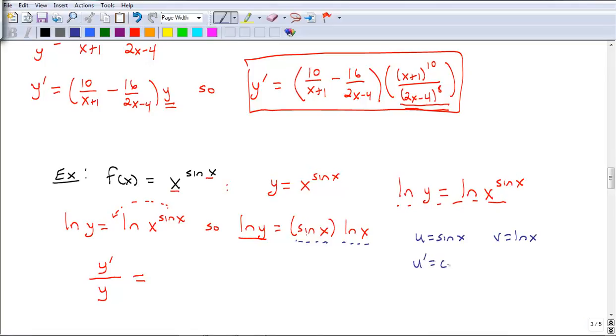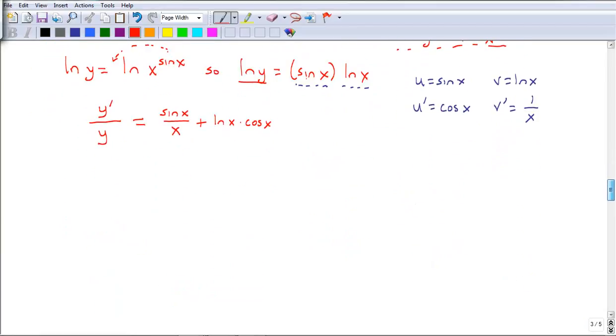The derivative of sine of x is cosine of x. The derivative of natural log of x is 1 over x. So now I can use the product rule. It's u v prime, sine of x over x, plus v u prime, ln of x times cosine of x.